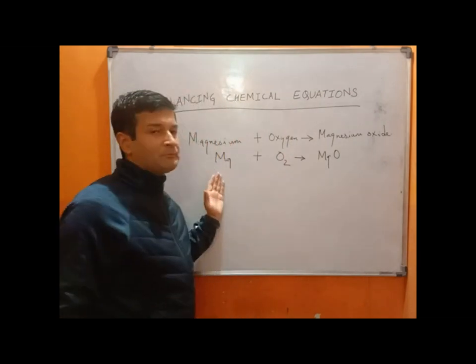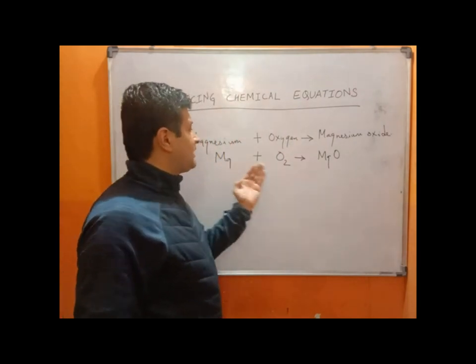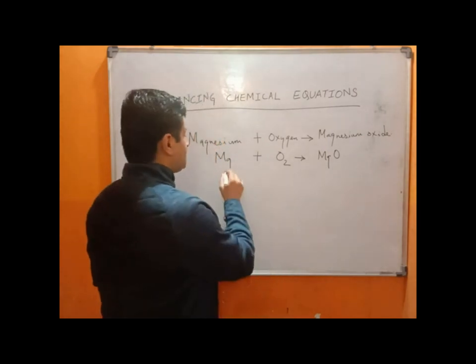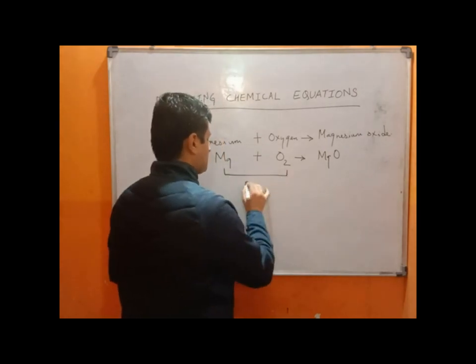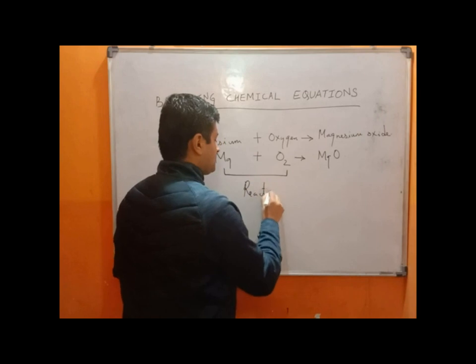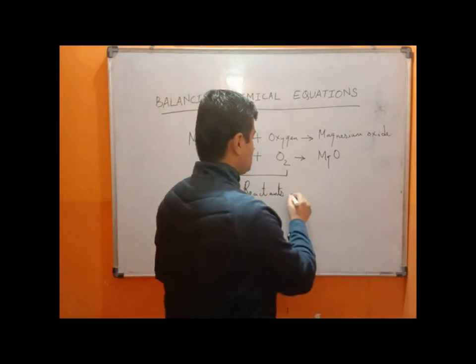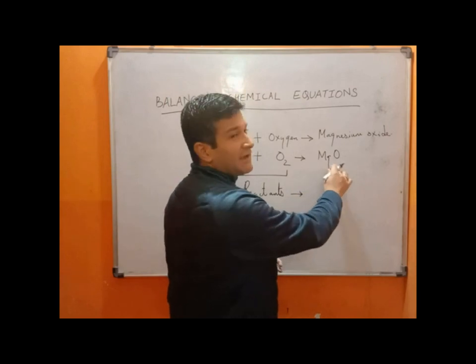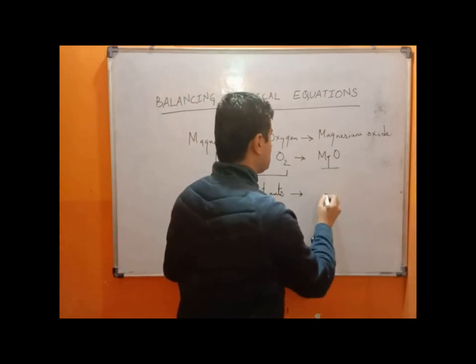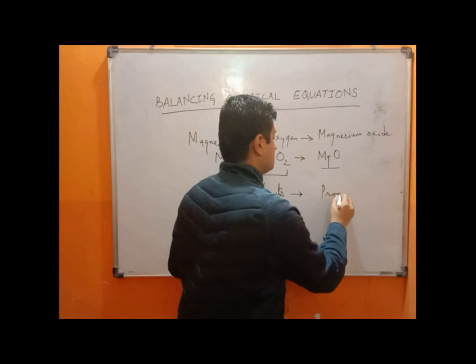Here we see that magnesium and oxygen are reactants, which react to give magnesium oxide, which is the product.